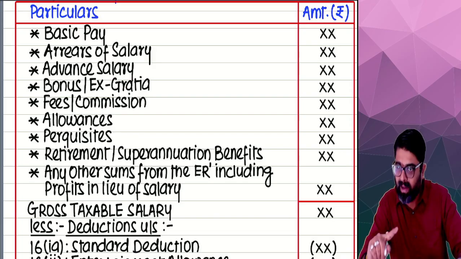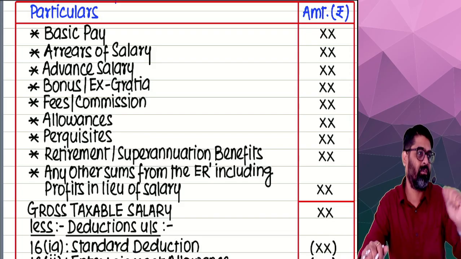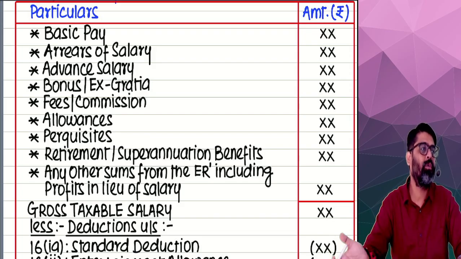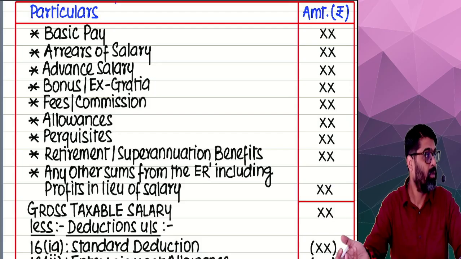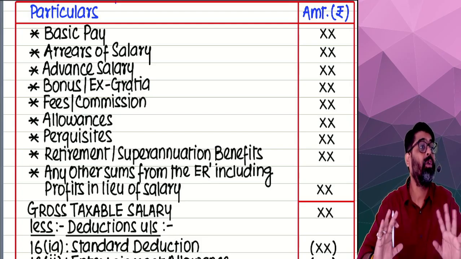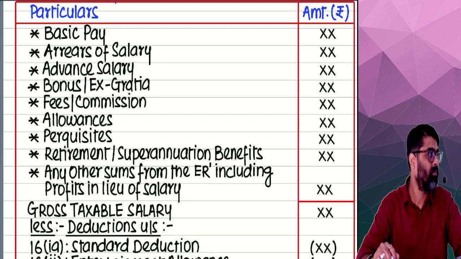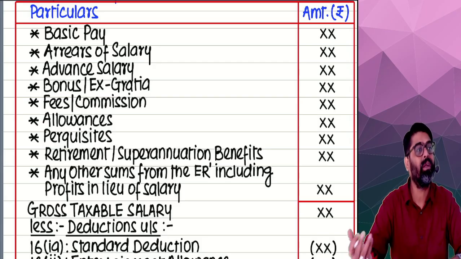See, if advance salary is there, you are receiving your income in advance. Now that income you are not going to receive when it becomes due. So we are charging it on receipt basis. But the second case which I said, that was not your income which you are receiving in advance. That was a loan which you are taking against your salary.